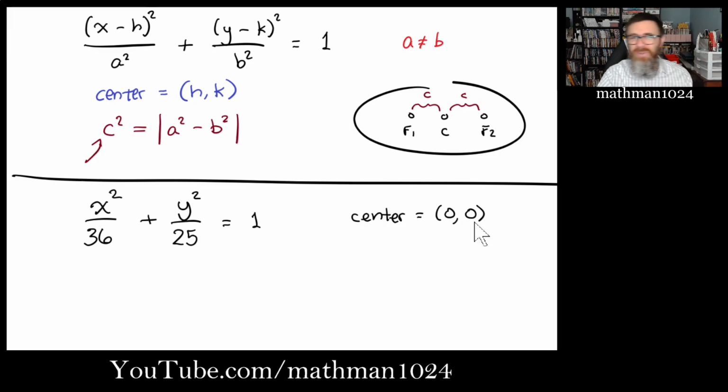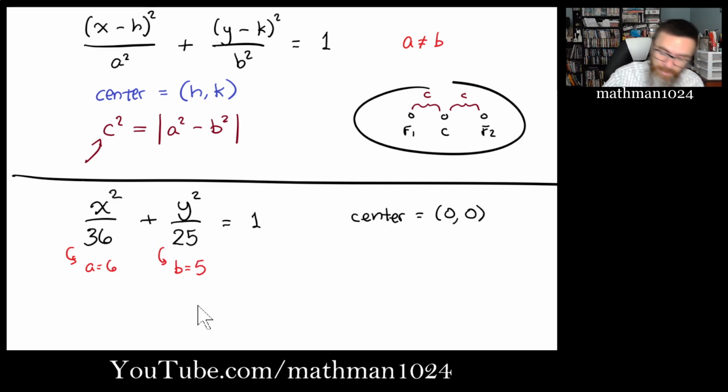I mean, really, the first example they always give you in a section like this is an example where the center is the origin. We're not surprised. Now, from this right here, we can say that a is 6, and from here, b is 5. Here's an easy way to figure out the shape and the location for our ellipse. The a and the b tell us how we are stretched out in the x and the y direction, respectively.